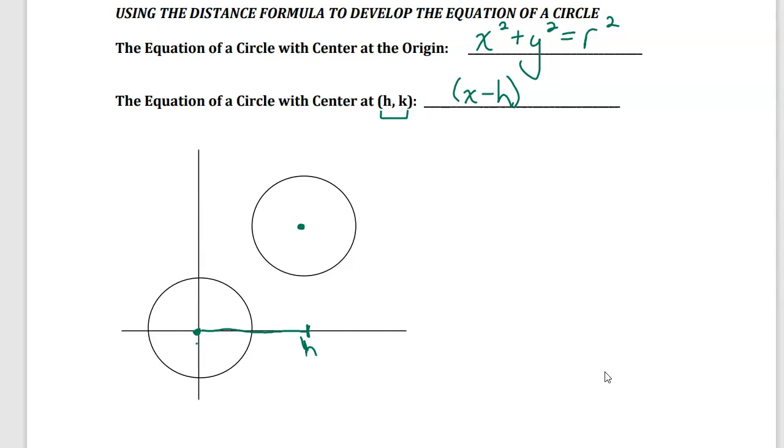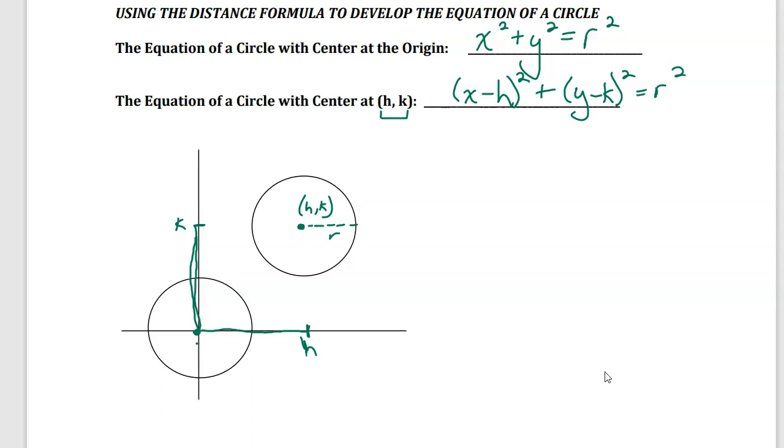And so that's going to be x minus h squared plus, I do the same thing with that y value, and that's going to be a k, because our center is now what we consider h, k, that point. And so it will look like y minus k squared, and my radius here, r, will stay r squared.